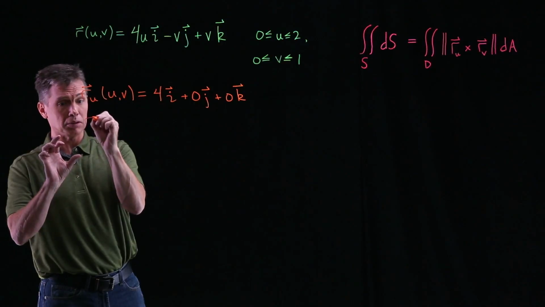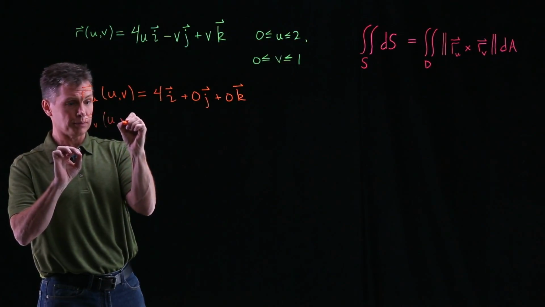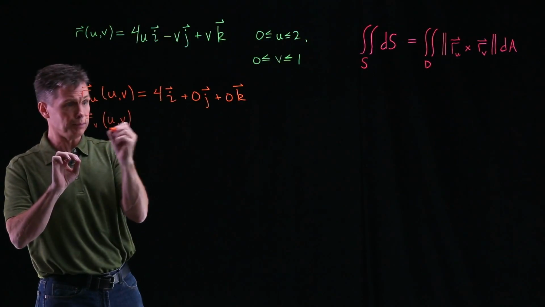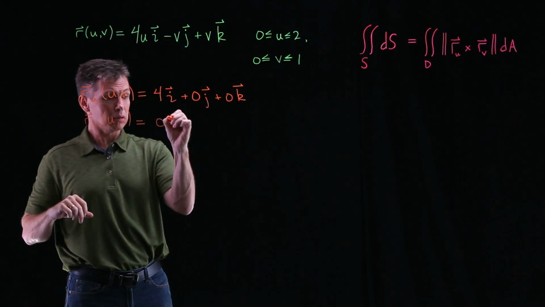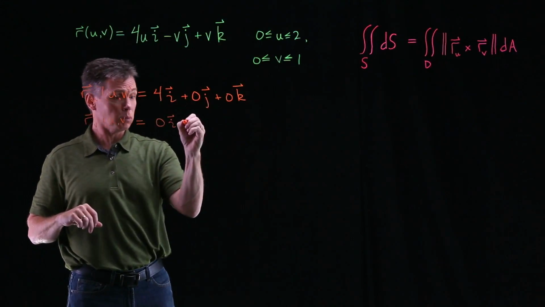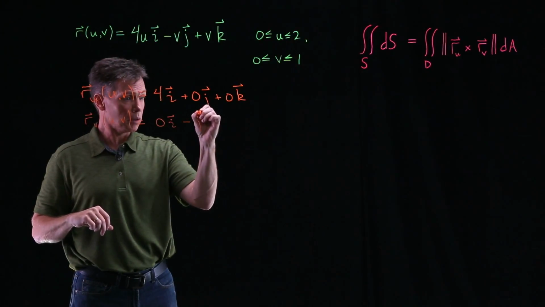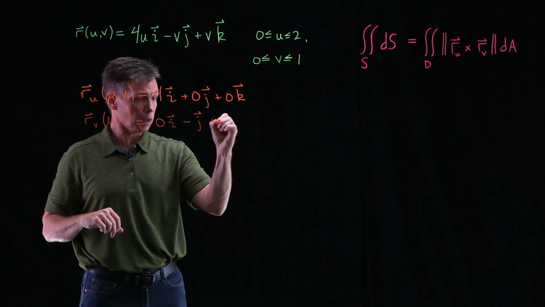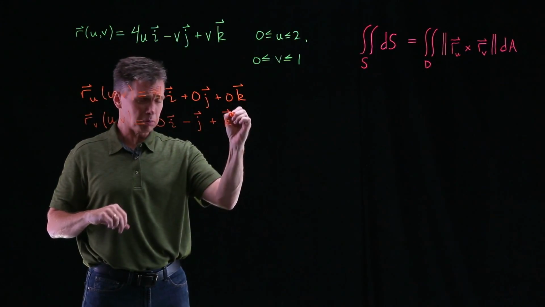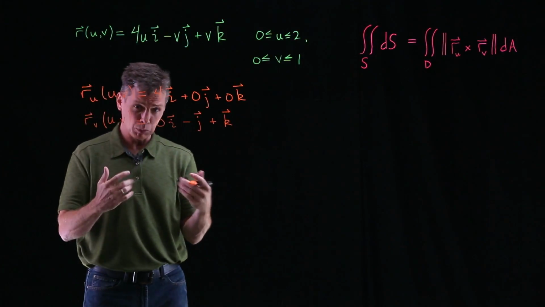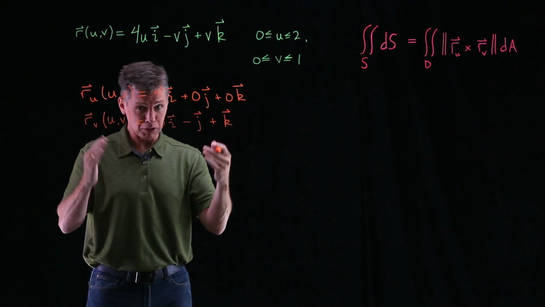And my partial of r with respect to v, this time that guy goes to 0, minus 1 times the j, plus 1 times the k. So my partials were pretty friendly to me, but no matter what they look like, next I'd want to take the two of them, cross product, and then we'll find the magnitude of that resulting vector.